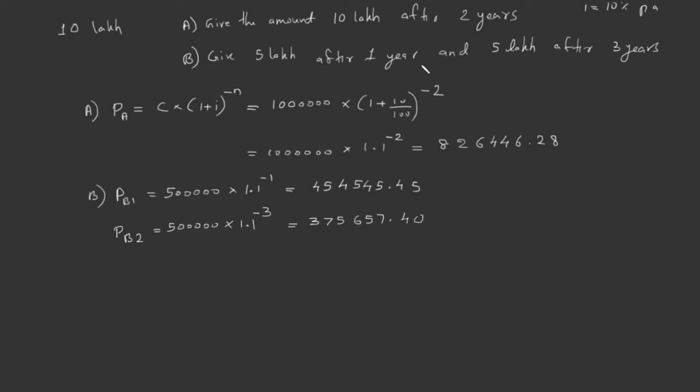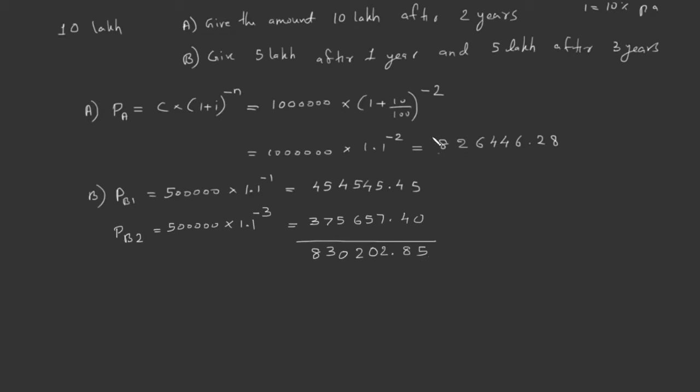So in this case, I am getting two payments. One is after 1 year and the second is after 3 years. So the present values of both the payments I have to add to get the total present value. So the total present value is the sum of 454545.45 and 375657.40. It is 830202.85.